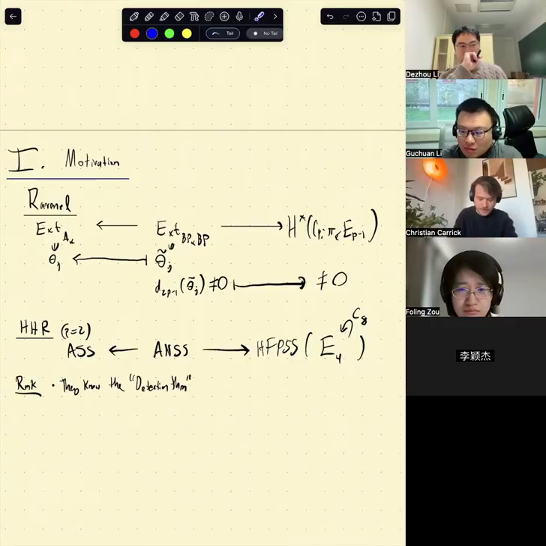And the problem was that this spectral sequence here was not computable. This homotopy fixed point spectral sequence was not feasible to compute.